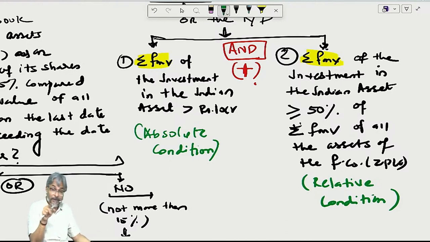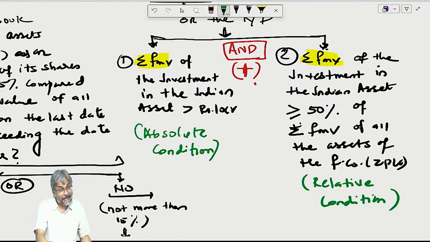More than, not more than or equal to. And the second one: whether the fair market value of the Indian investment is at least 50% of the total fair market value of all its assets. Whose assets? ZPLC's assets. And if both the conditions are satisfied, then we conclude that yes, ZPLC is deriving its value substantially from the Indian asset.